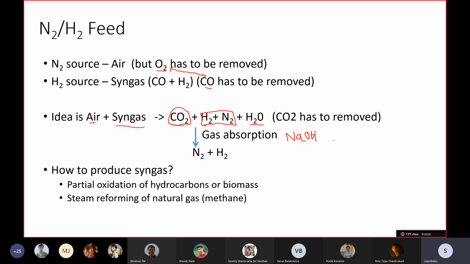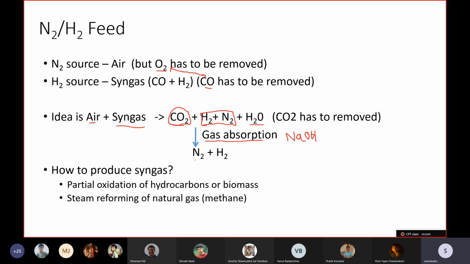And we can also remove H2O in the same process, because this NaOH still contains water, and this water diffuses from the gas mixture to the liquid phase. If not, we can always remove the water vapor. This way, by using this simple gas absorption process, CO2 and H2O can be removed.